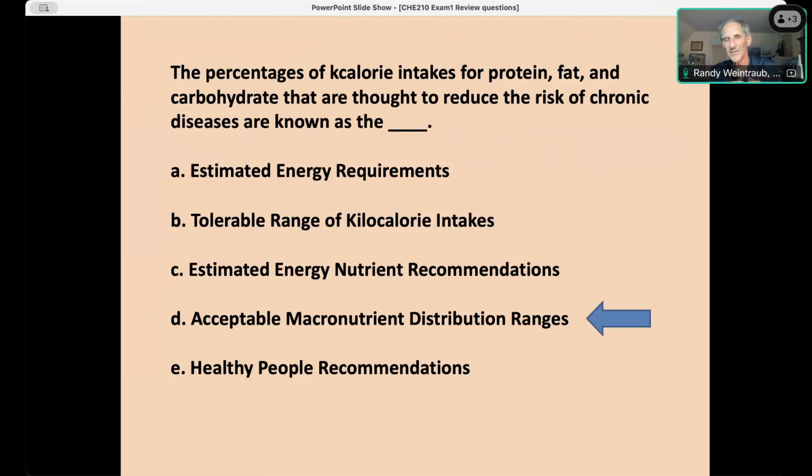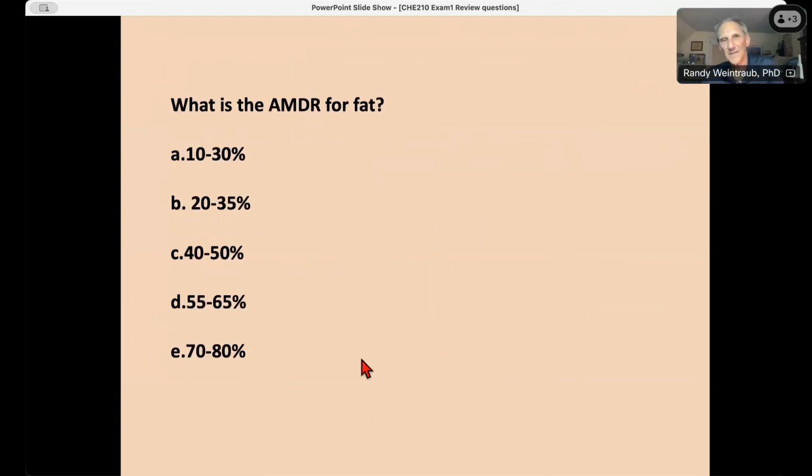There are ranges for each of the three, and the next question asks about one of those ranges. The AMDR for fat is what? The one for fat is 20 to 35% of total kcals. That's what the percentage is.